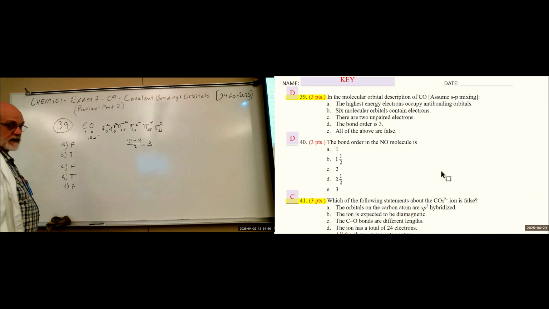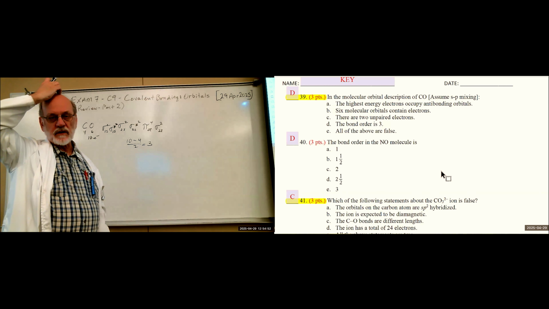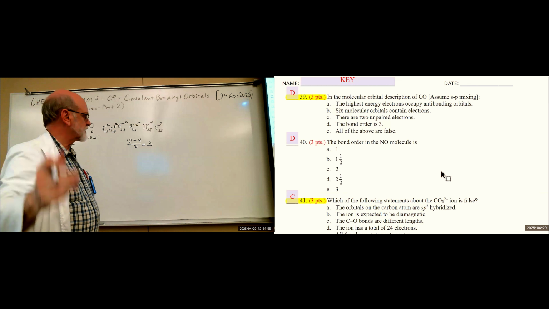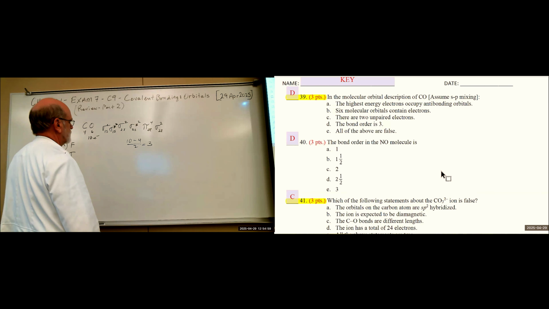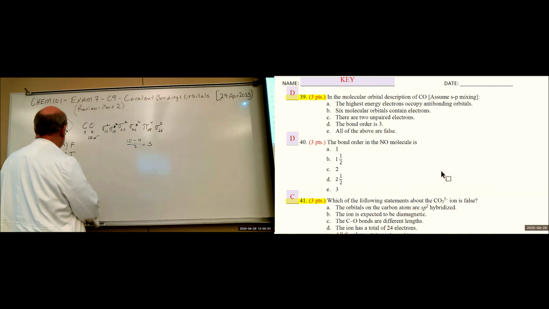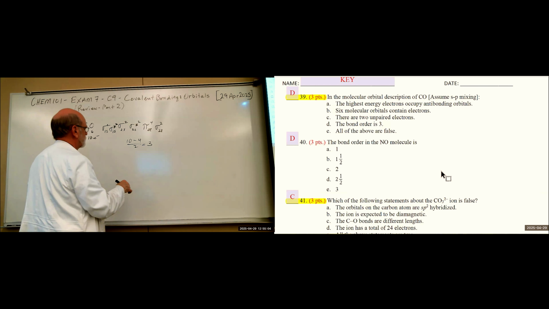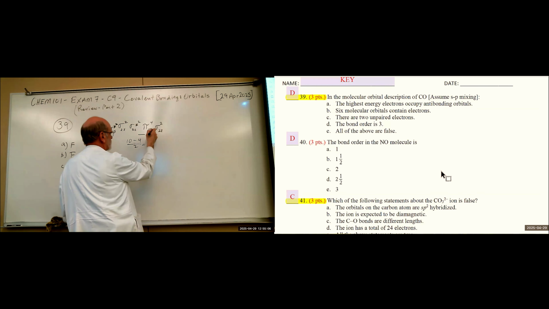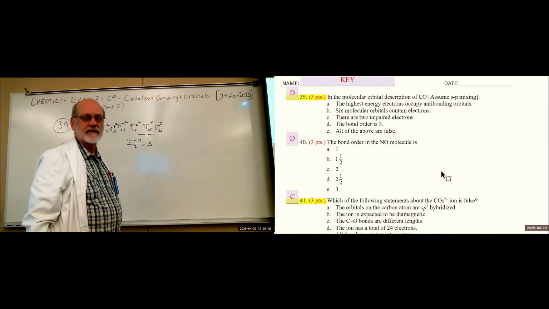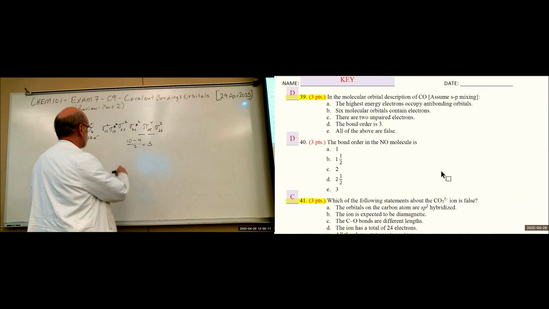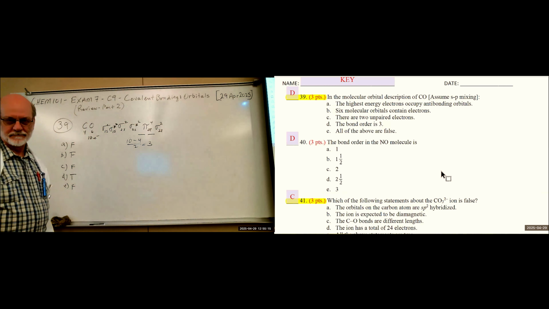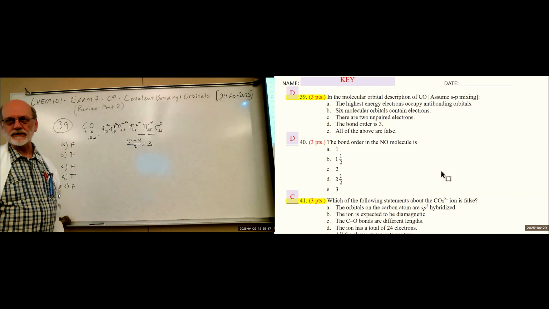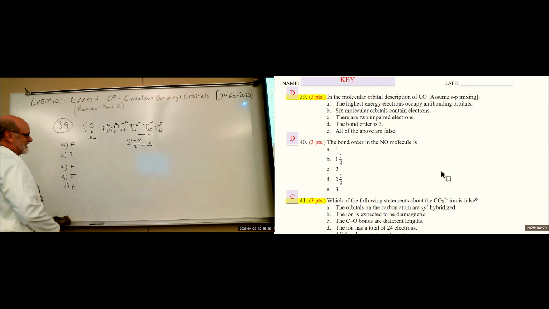Okay, so we got a mess here. 6 molecular orbitals contain electrons. Oh, wait a minute. No, that's false. Here's why. Pi orbitals, pi's have 2 orbitals in them. All right, so it actually has 1, 2, 3, 4, 5, 6, 7. Okay. Now I know why it says that's false. Yeah, that's right.